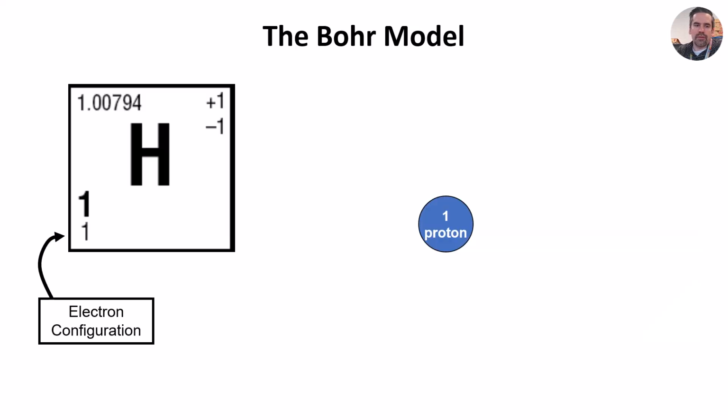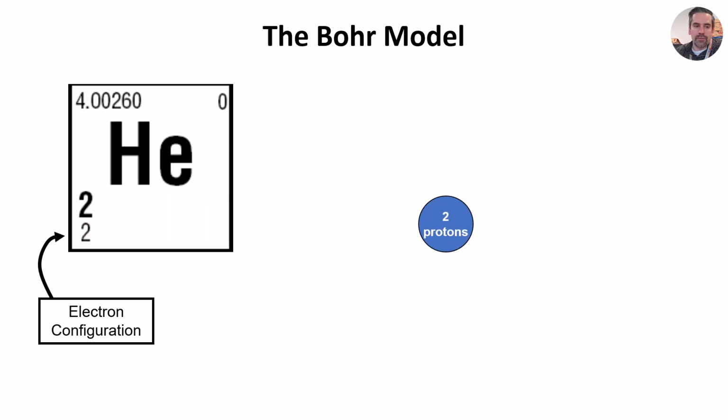So let's take a look at what this means. If we look at hydrogen, hydrogen has one proton because its atomic number is 1. It also has an electron configuration of 1, and this is how we would draw a Bohr model of the atom of hydrogen. For helium, it's very similar.